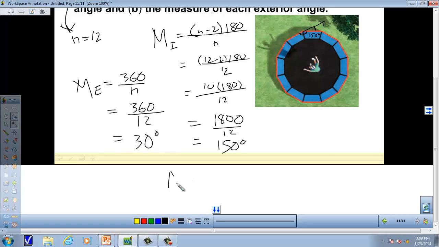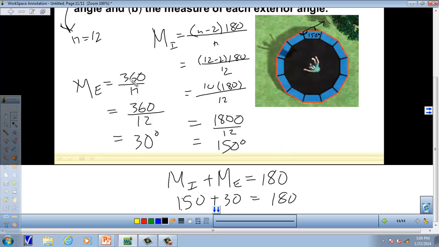And again, the measure of the interior plus the measure of the exterior should equal 180. They're supplementary because 150 plus 30 equals 180.